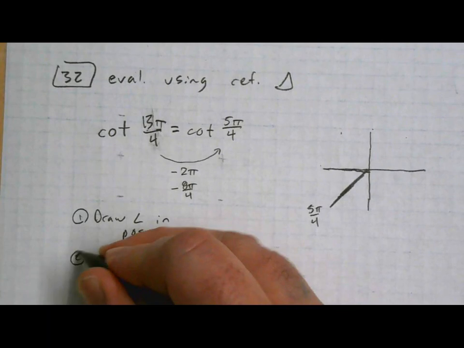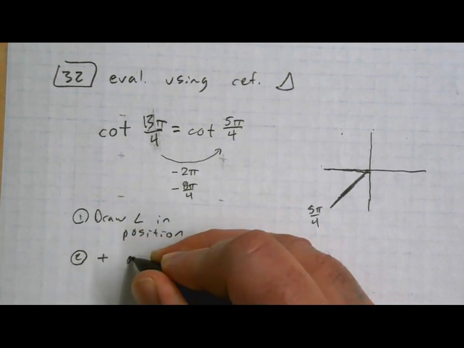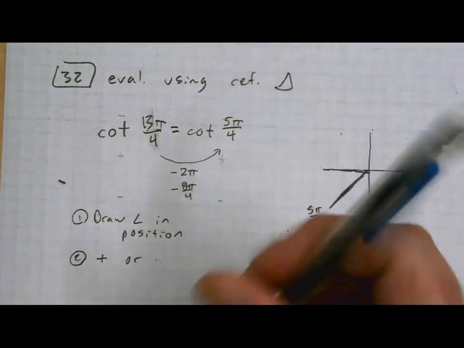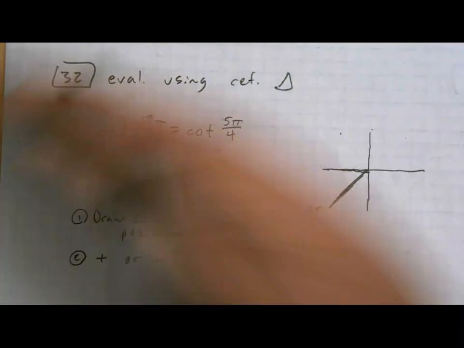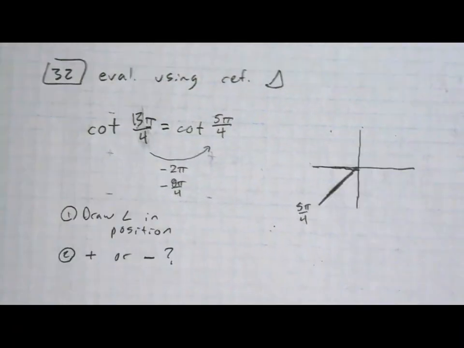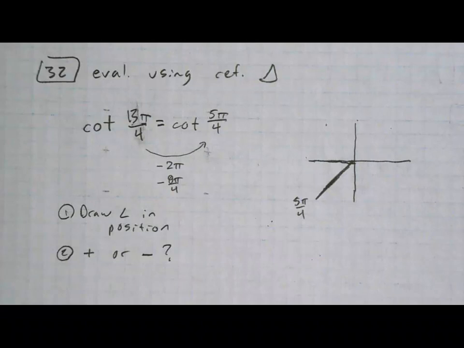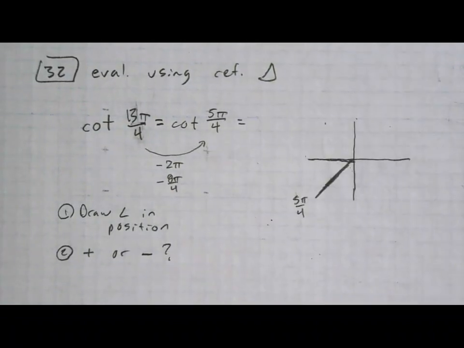Step 2. Positive or negative? We're doing the cotangent of an angle in the third quadrant. Is it going to be positive or negative?